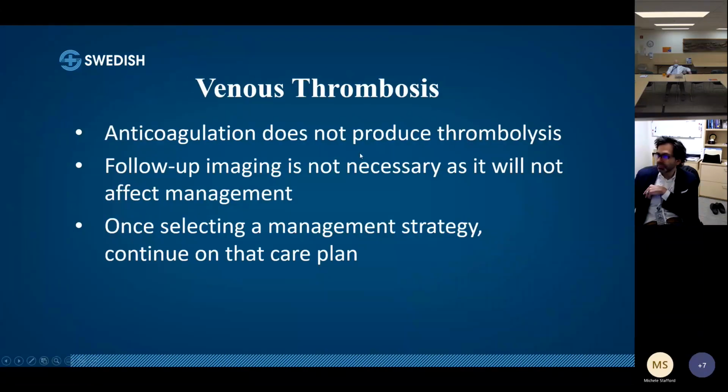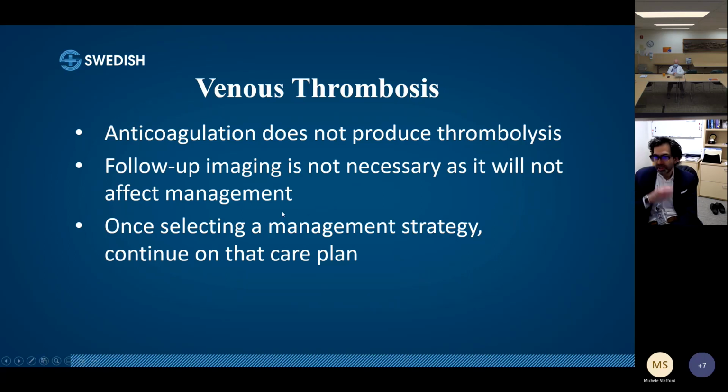So in summary, other things that I see from patients that we've had discussion about: anticoagulation does not produce thrombolysis. So just being on a DOAC is not a mechanism for getting rid of the clot. Really, the reason you're on a DOAC is to prevent additional clot propagation. Follow-up imaging isn't necessary, as it's really not going to affect management.